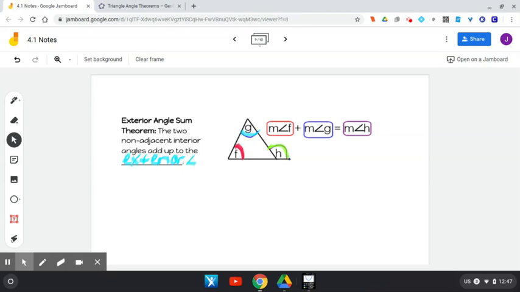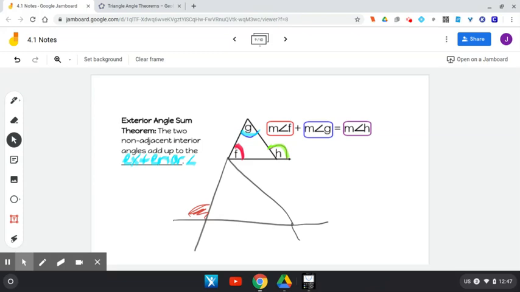So if I were to draw another triangle that's similar, maybe something like this. Maybe I want to keep expanding some of it. If I were to find, let's say, this angle right here, I would want the other two inside angles that are not next to it.